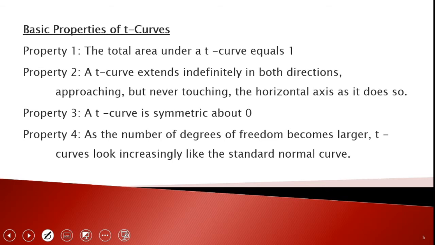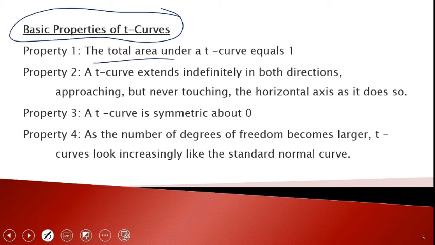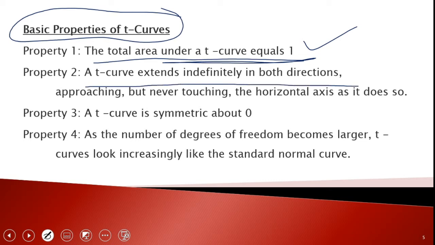There are a few properties you should know when we are using the T curve. First, the total area under the T curve equals 1, same as the C curve, the standard normal curve. The T curve extends indefinitely in both directions, negative infinity to positive infinity, same as the C curve.